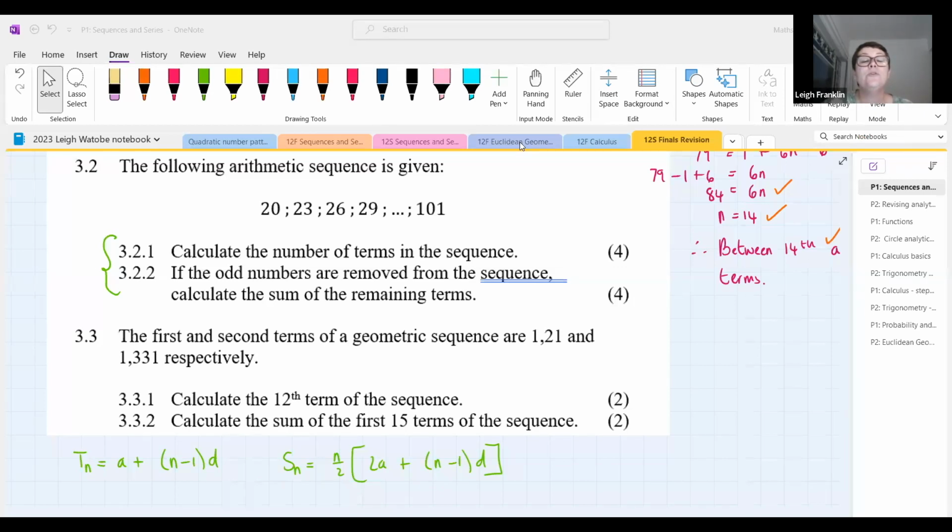For 3.2.2, I got a different answer, layer 2, for question 3.2.2. Yeah, I got the same answer for 3.2.1. Katleho, I got a slightly different answer to you, very close. Just check your dividing there, Katleho.